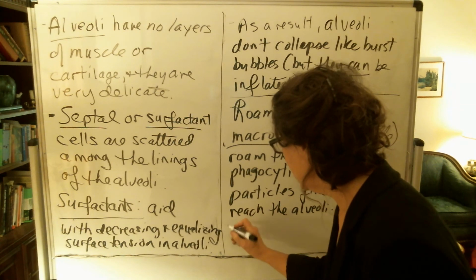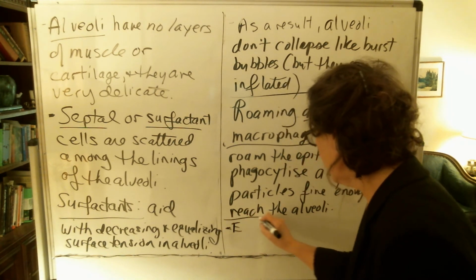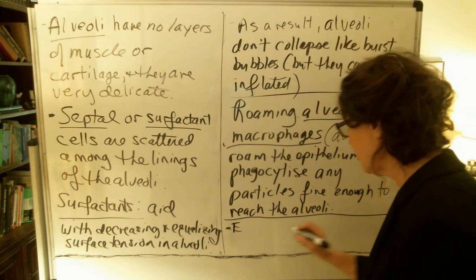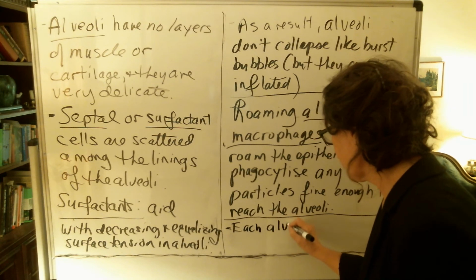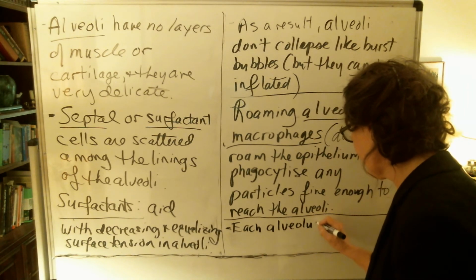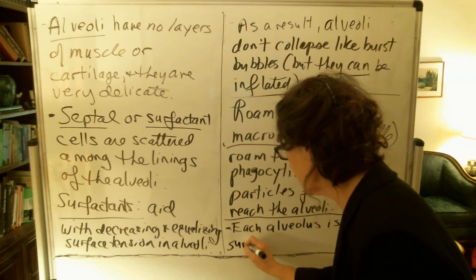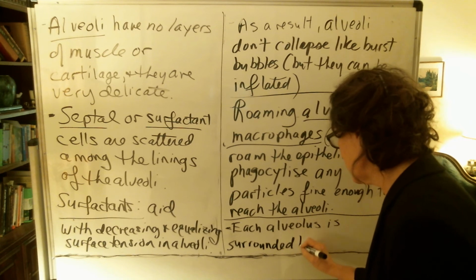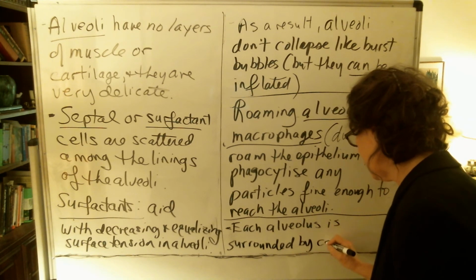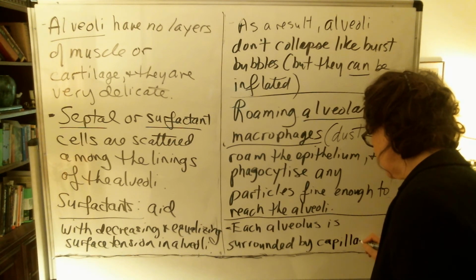And crucially, do not forget this bit. We're now done with alveolar macrophages, but each alveolus is surrounded by capillaries.